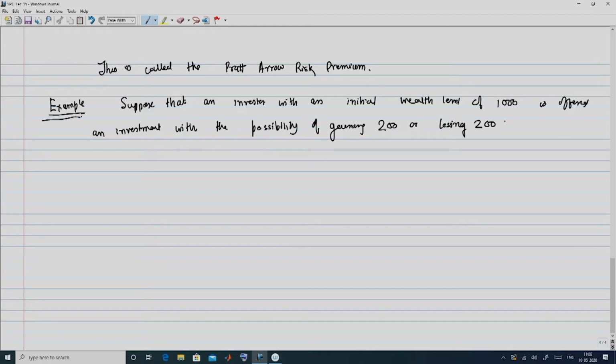That means, it can go up to 1200 or come down to 800, each with probability half.